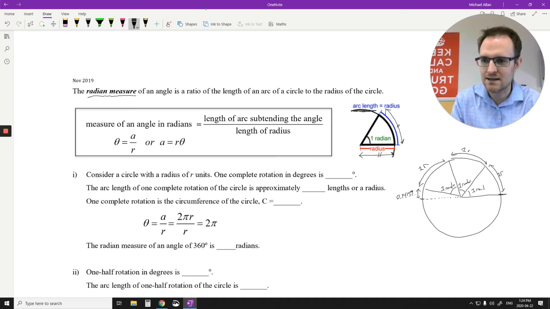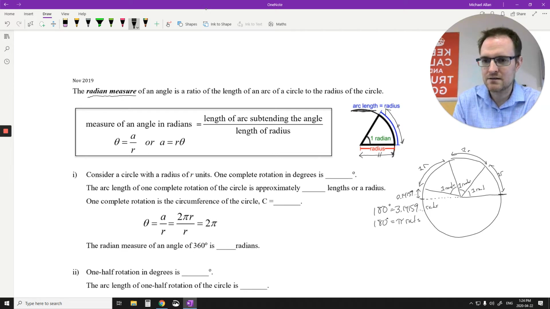If I added all that together, what I can say is that 180 degrees is equal to 3.14159... rads, right? And this is actually pi. That's where the definition of pi comes from.